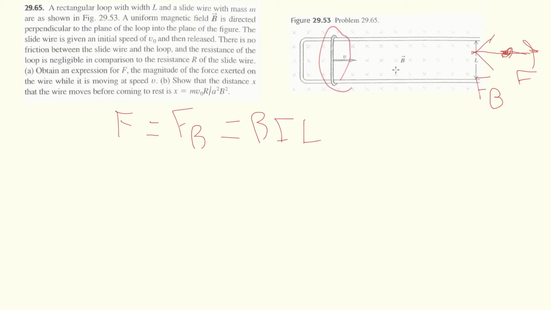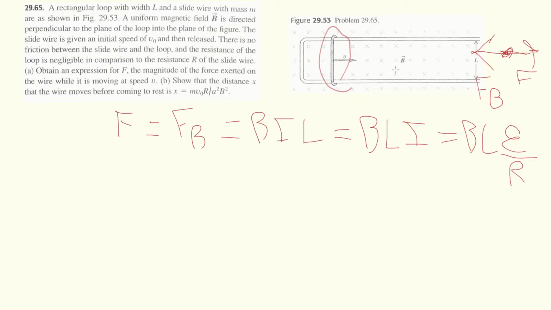B and L are constants. The only unusual thing here is I, and the I comes from the induced voltage divided by the resistance.